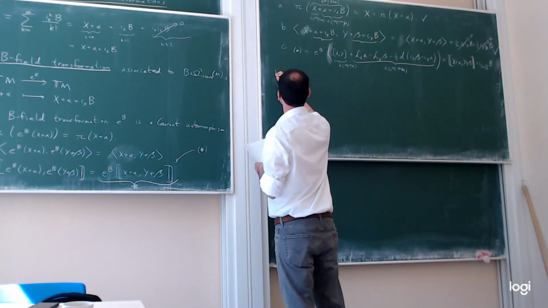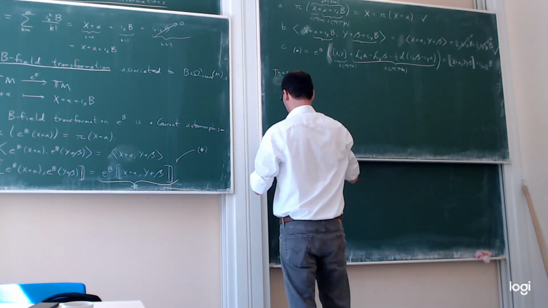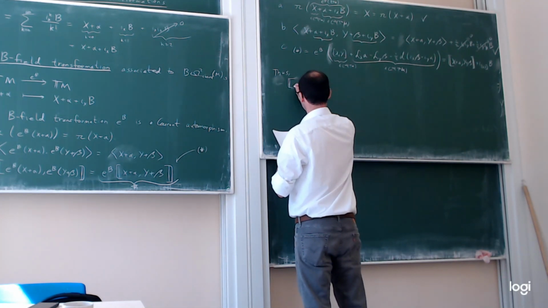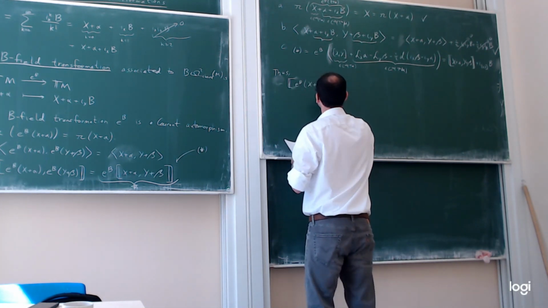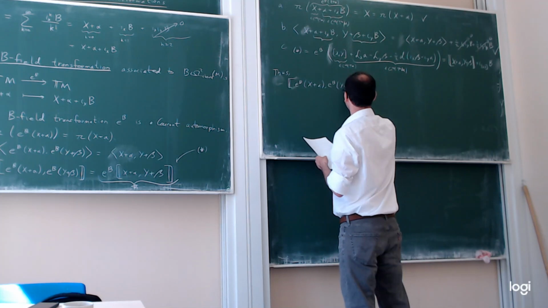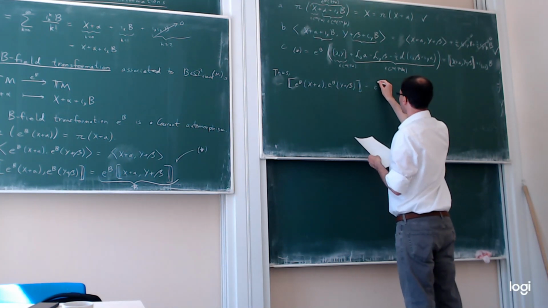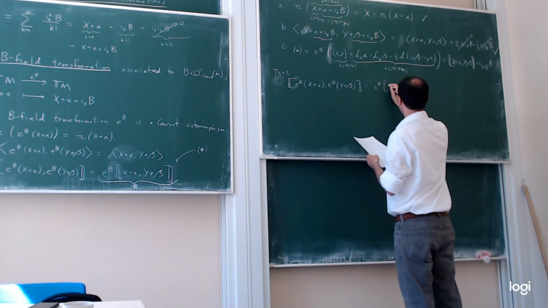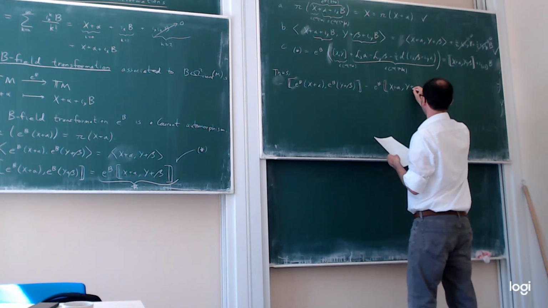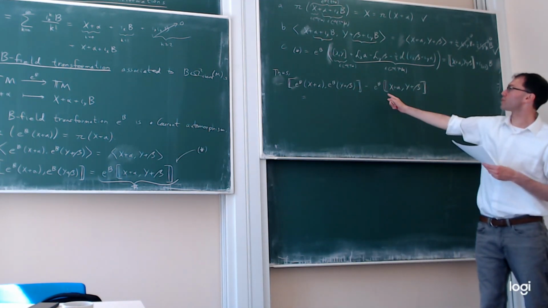So let's say plus the B-field transformation applied to x plus alpha, paired by the Courant bracket with the B-field transformation applied to y plus beta, minus the B-field transformation on the Courant bracket of x plus alpha and y plus beta is equal to, and again, we want to show that this is 0.